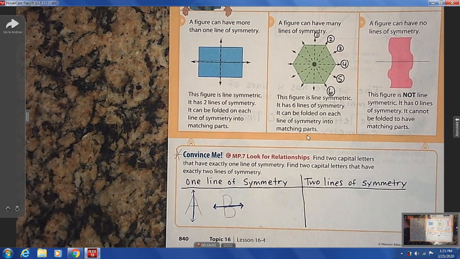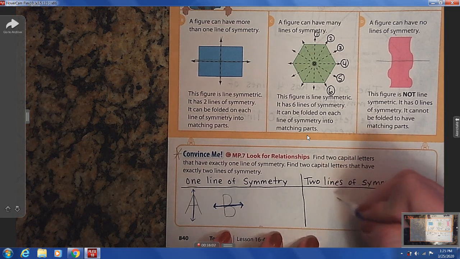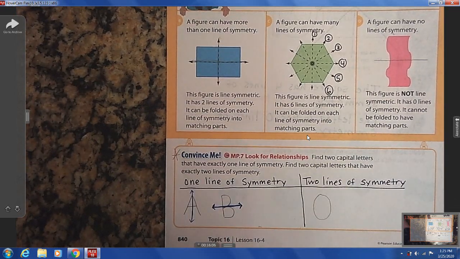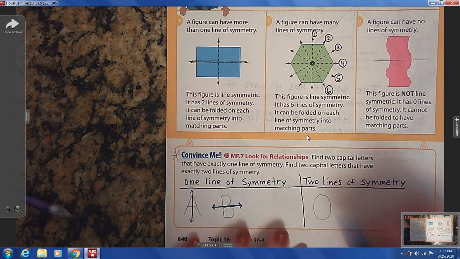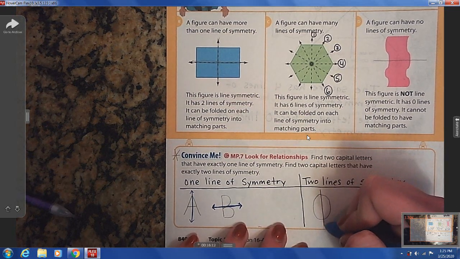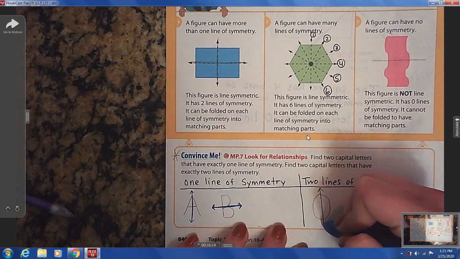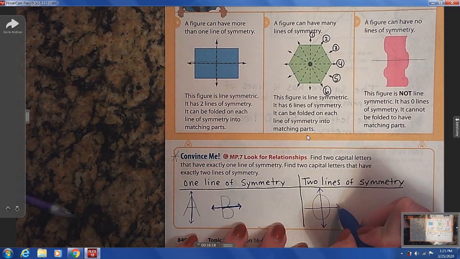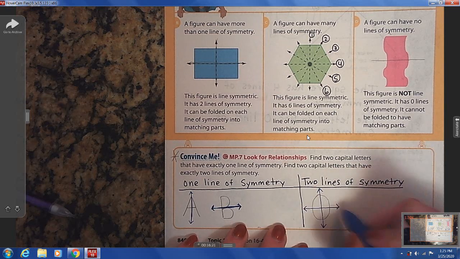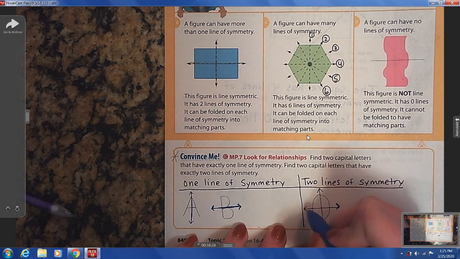What about an O? An O has two lines of symmetry because you could draw a line up and down, and you could draw it across.